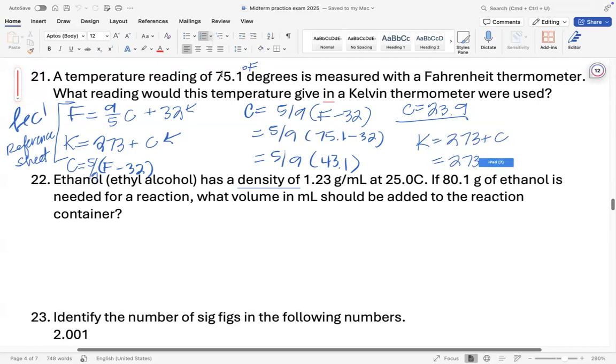So 273 plus Celsius, in our case, 273 plus 23.9, for a final answer of 296.9. So it's a two-stepper, but you'll be given all the formulas. Any questions?